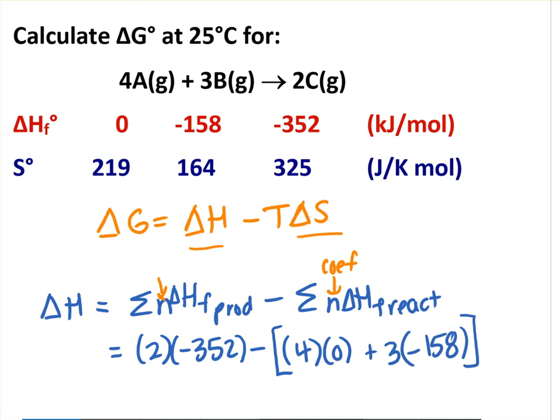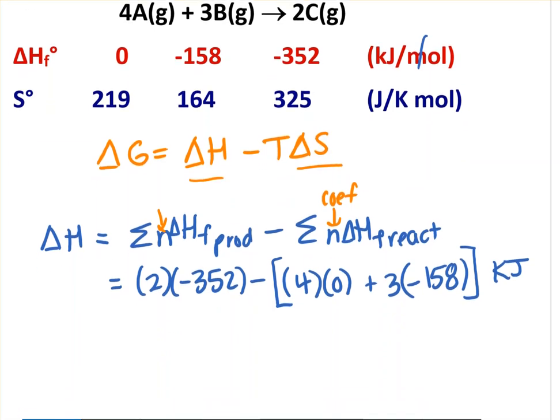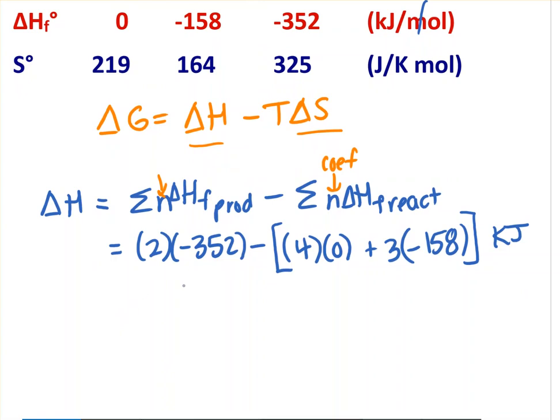And because the moles from the coefficient cancels with this moles, this comes out in kilojoules. So I'm just going to put it off to the right. And again, I don't always write it there, but these values are standard state. And so really, I could have a degree sign because this is going to vary with the temperature and pressure. So I have my first value.